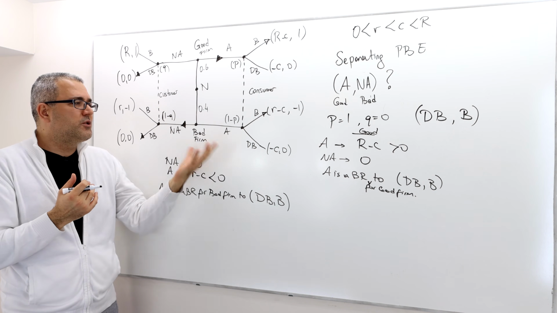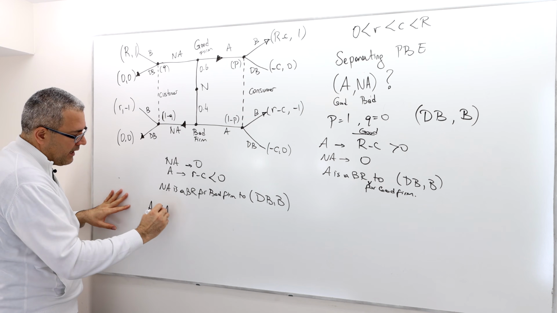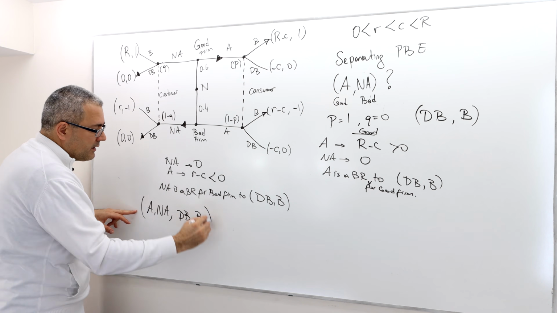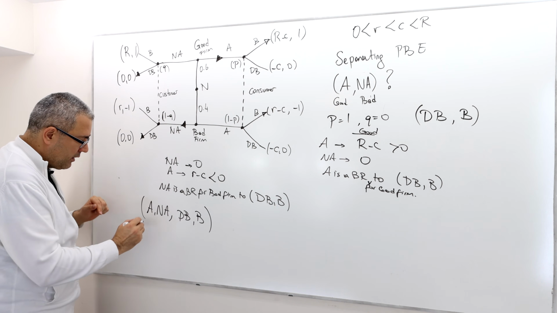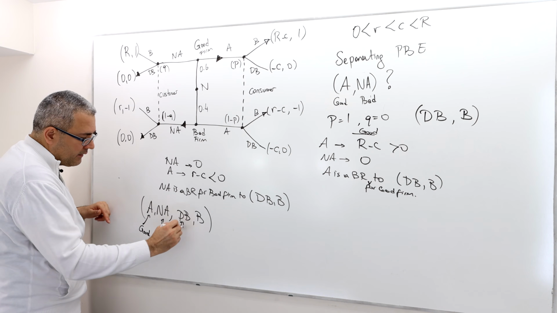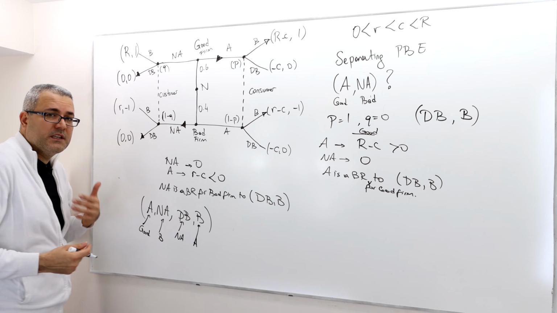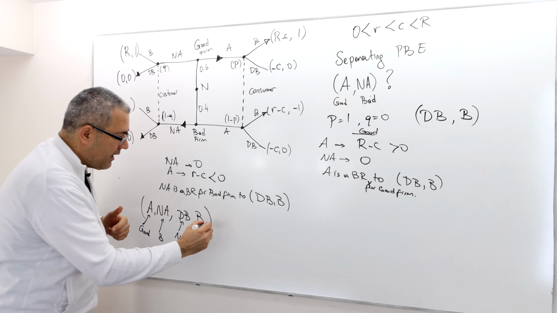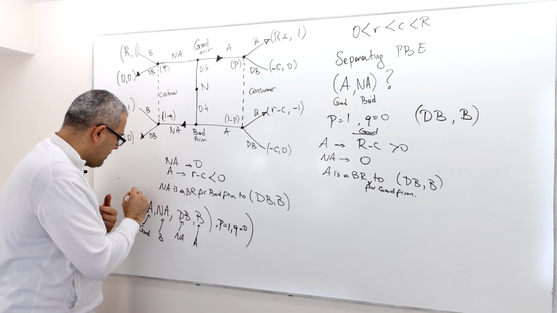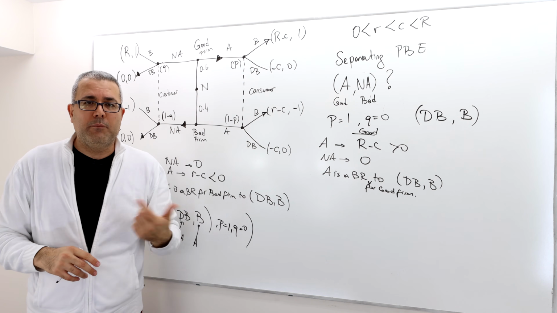And hence those strategies, A, NA, DB, B, satisfy requirement 2. Don't forget, this is the good firm, this is the bad firm, this is whenever you see no advertisement, and this is whenever the customer sees advertisement. And then P equals 1, Q equals 0.